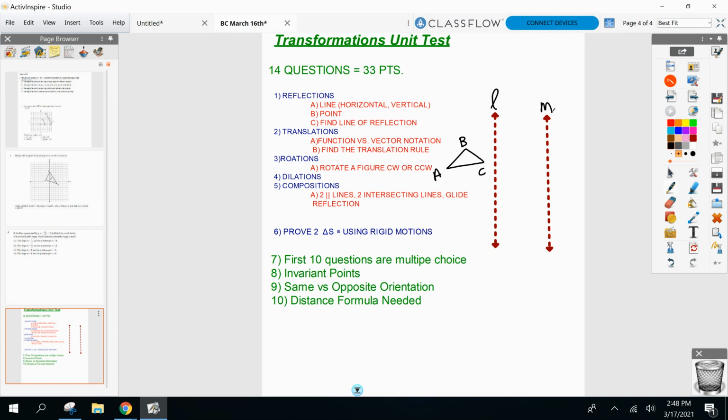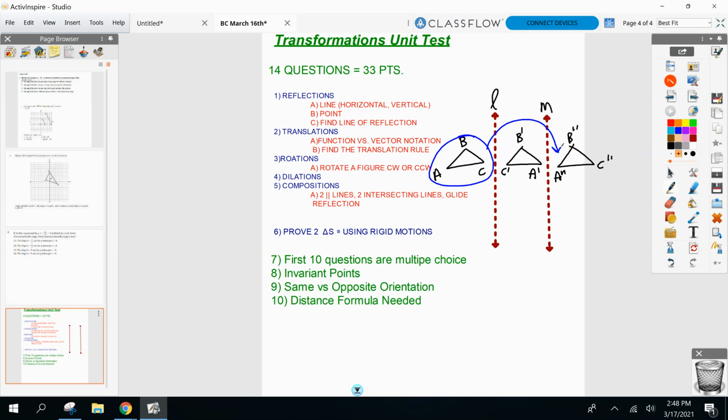So I reflect it over L. There's C prime, B prime, A prime. Then reflect it over M. I have A double prime, B double prime, C double prime. What I'm asking is, what single transformation could have taken ABC all the way to A double prime, B double prime, C double prime?